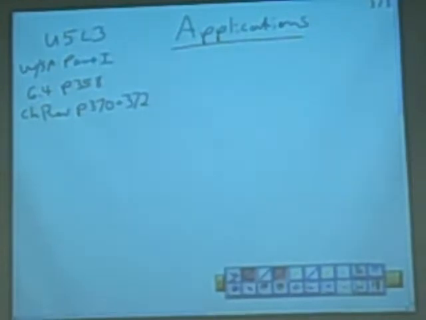Pages 370 and 372, or 72. And this gets into applications with percents.